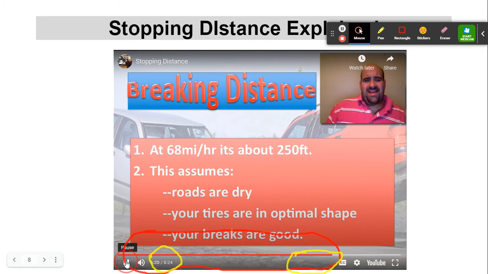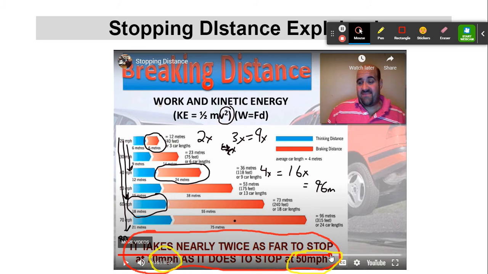Okay, just some basic ideas. I want to stop right there and just point out to you this basic fact, okay? This is physical fact. It takes nearly twice as far to stop your car if you're traveling at 70 miles per hour versus 50 miles per hour. Really, really think hard about that, guys.